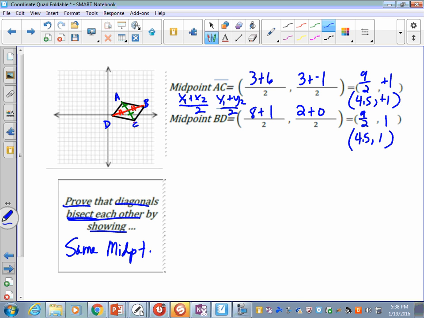Alright, so what I've proven is that they have the same midpoint. And if they have the same midpoint, then they are bisecting each other. So if the diagonals bisect each other, then it's a parallelogram.